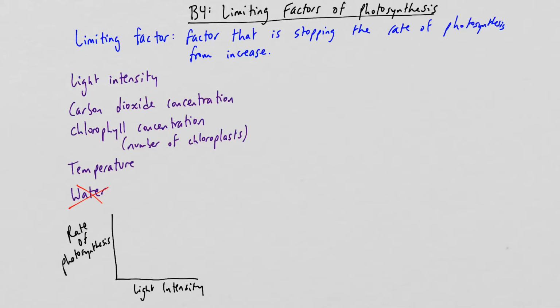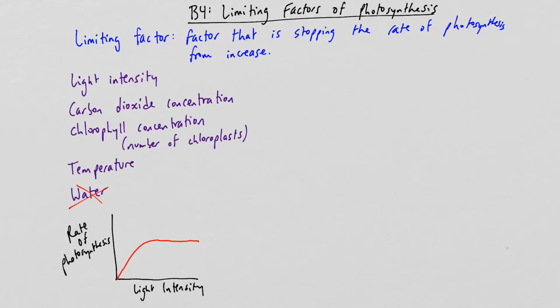The graph is going to look something like this. And what we can see here is that as we increase the light intensity, the rate of photosynthesis is going up. So light intensity is going up, rate of photosynthesis is going up, and then it plateaus, it levels off.